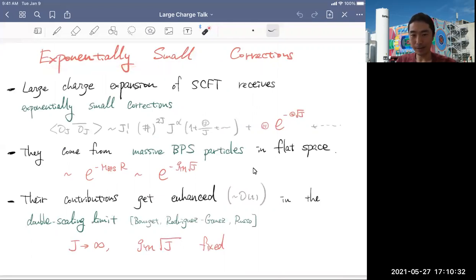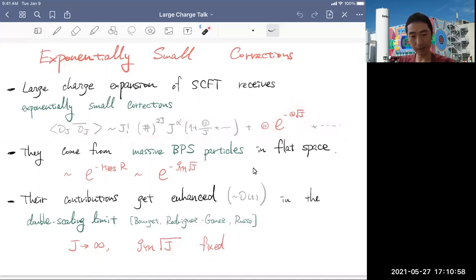The large charge expansion of superconformal field theory receives exponentially small corrections, as is known especially in N=2 theory, where you can do the localization and confirm it. There is a nice paper by Zohar, Alba and Luigi, which systematized the analysis in the language of matrix models. If you just compute it, there are these kinds of corrections.